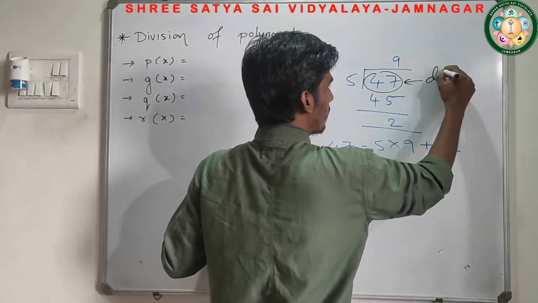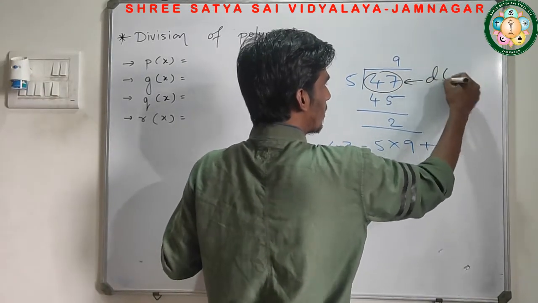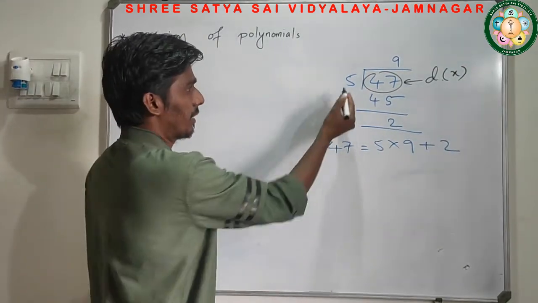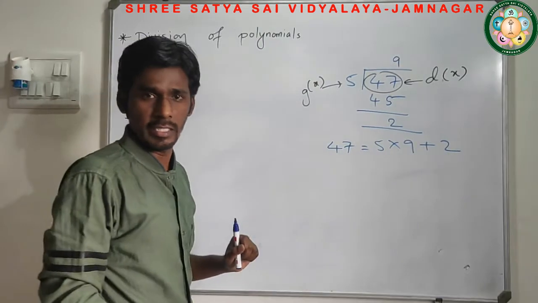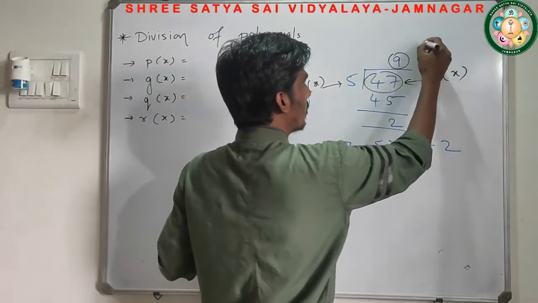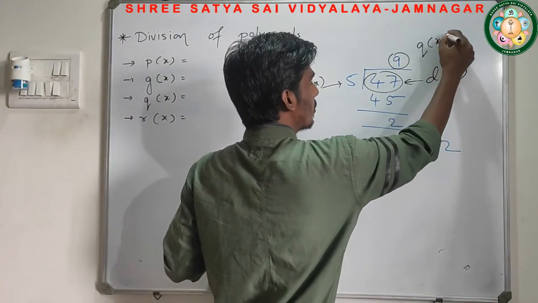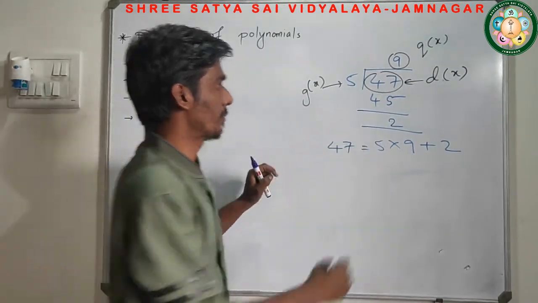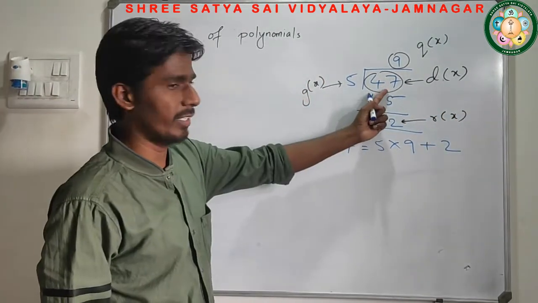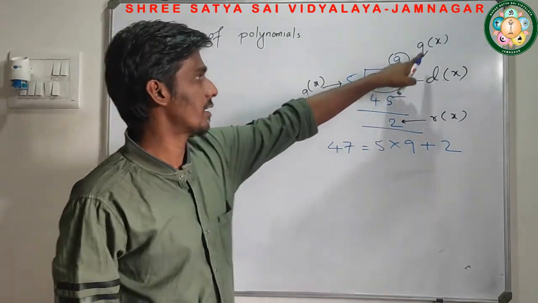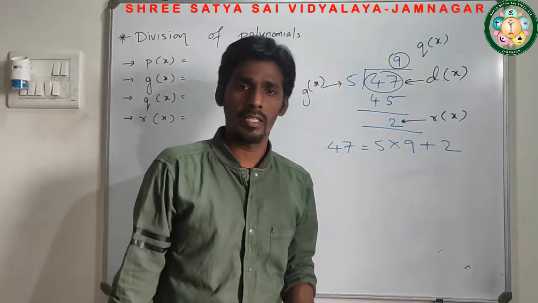So here this 47 is the dividend, that is p of x. This 5 is the divisor, that is g of x. This 9 is the quotient, that is q of x. And the remainder, this is r of x. So this is dividend, this is divisor, 9 is quotient and 2 is remainder.